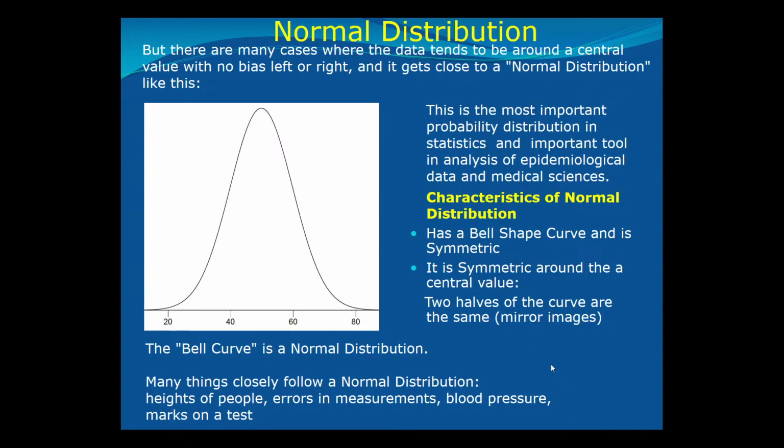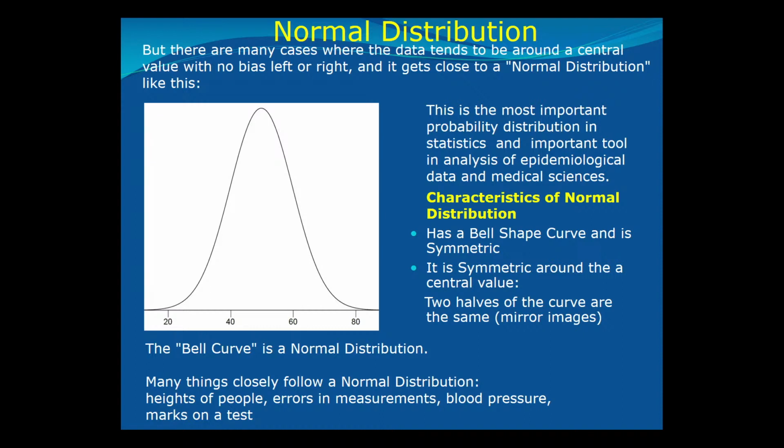One of the most important distributions in medicine is the normal distribution. Many things closely follow a normal distribution in medicine: heights of people, errors of measurements, blood pressure, marks on a test. This is a type of distribution where the data tends to be around the central value with no bias left or right.